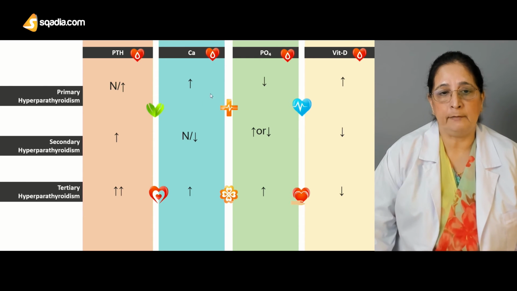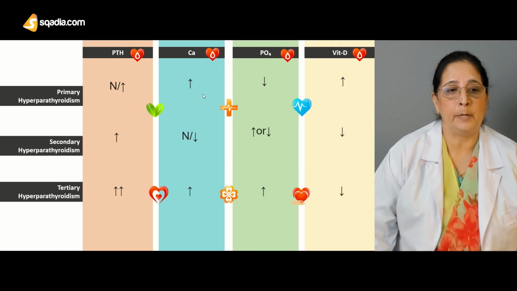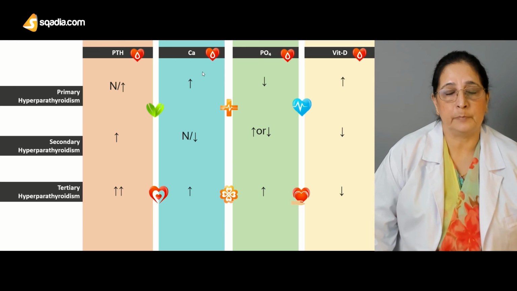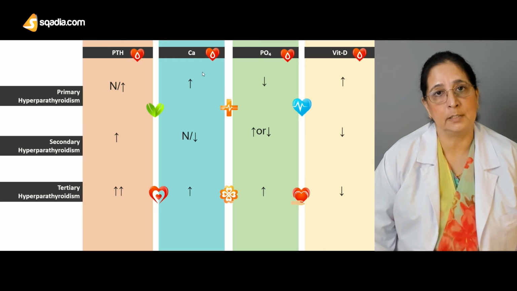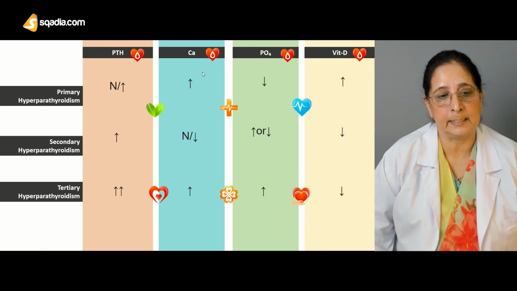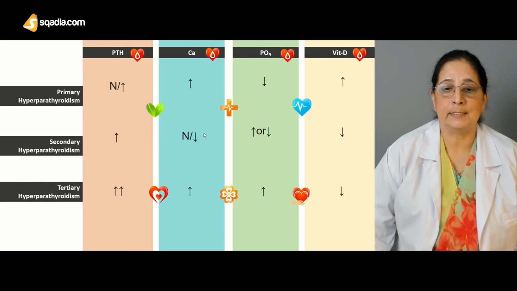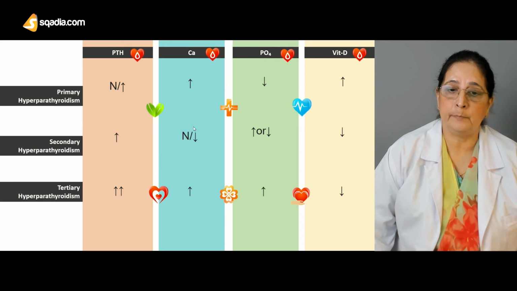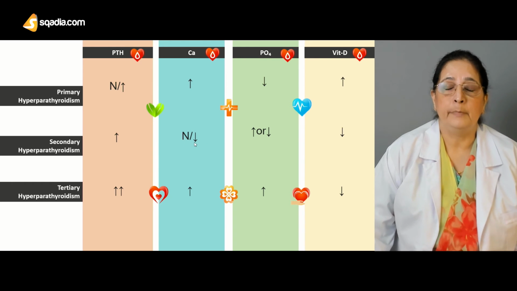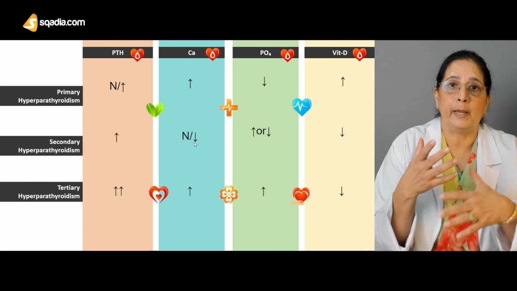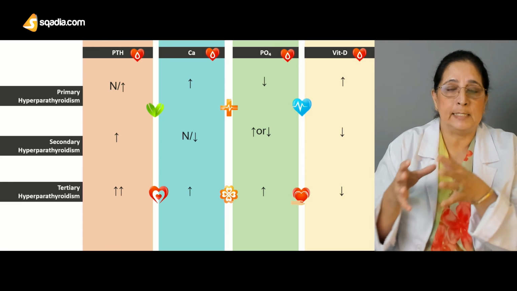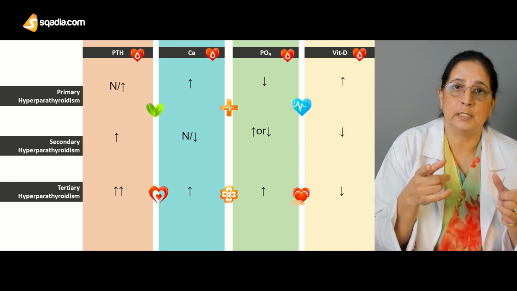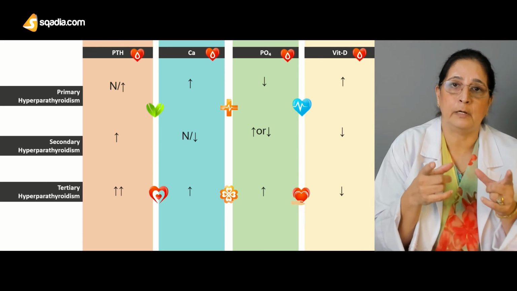Then calcium level in primary hyperparathyroidism. Main is the calcium level, which is increased because parathyroid hormone causes increase in the level of calcium. Secondary can be normal, but mostly it is low because it's a negative feedback effect. If calcium is decreased, it causes increase in the parathyroid level.